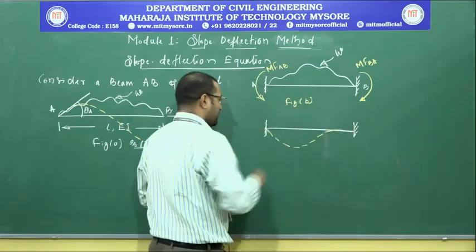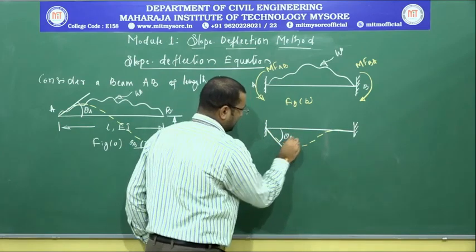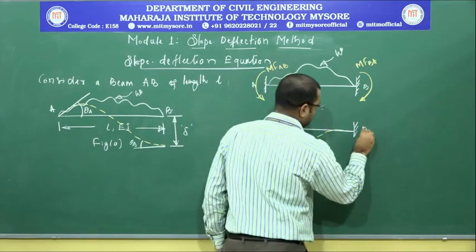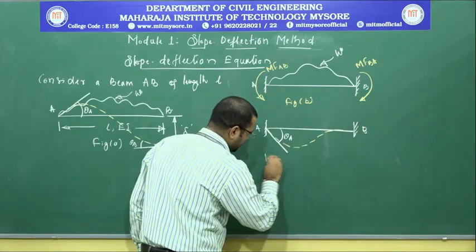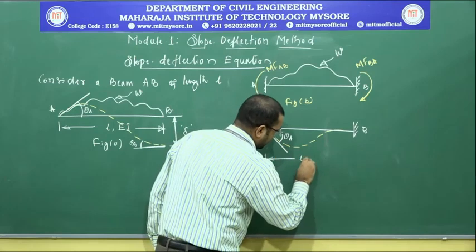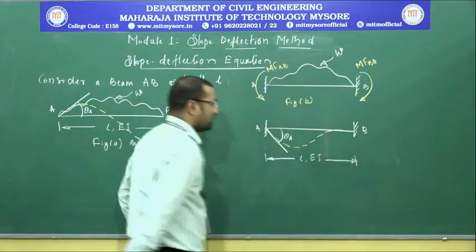Let us say this is the rotation at A, this is theta A, and this is B. The total length of the beam is L and its EI value is constant, right?